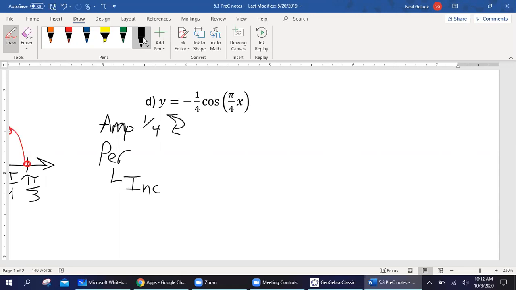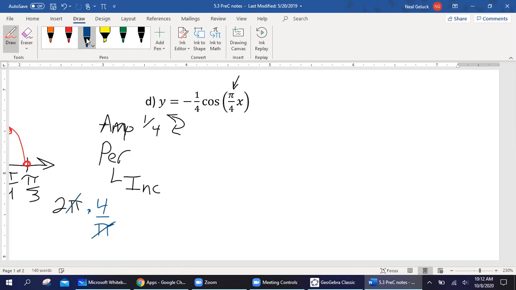The period, okay, careful. People will think, oh, that's the period. No, that number influences the period. But I've got to take the normal period, which is 2 pi, and I divide by that K number. So if I divide by pi over 4, that's the same thing as multiplying by 4 over pi.